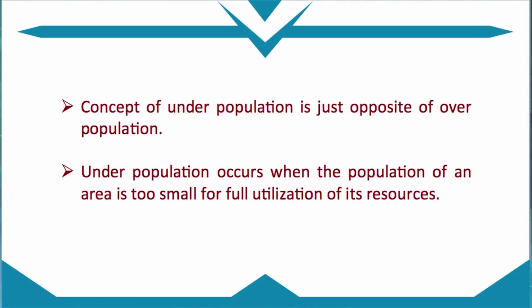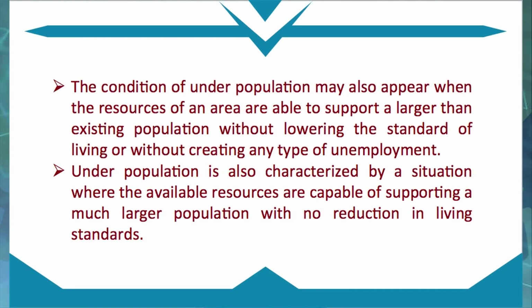Now, let us go to the concept of underpopulation. The concept of underpopulation is just the opposite of overpopulation. Underpopulation occurs when the population of an area is too small for full utilization of its resources. The condition of underpopulation may also appear when the resources of an area are able to support a larger than existing population without lowering the standard of living or without creating any type of unemployment.